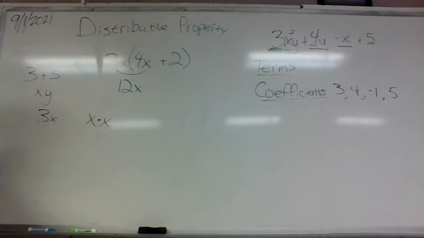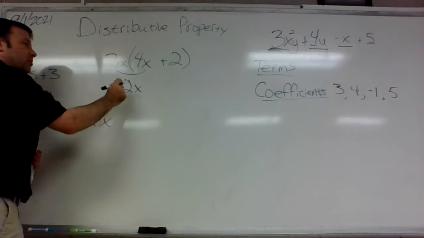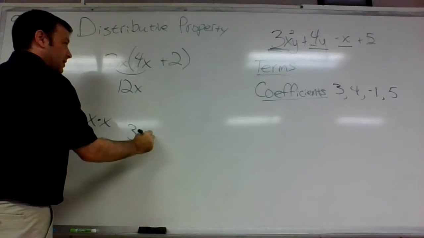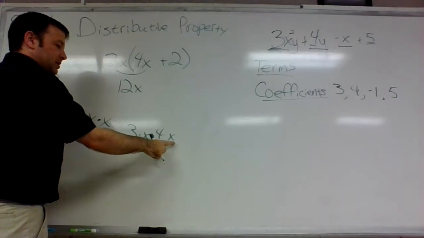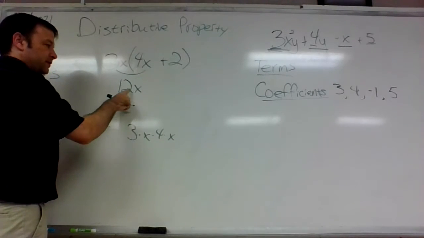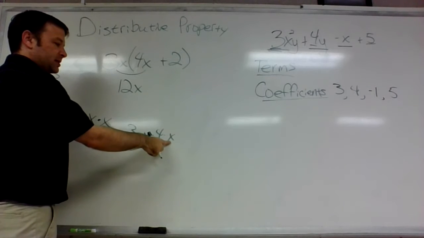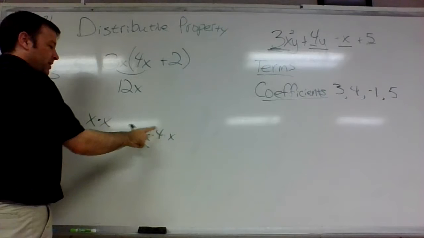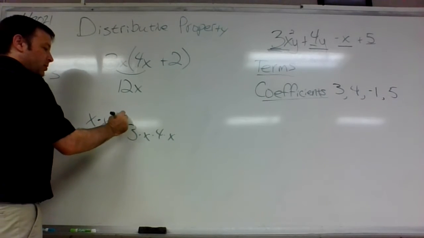No. Is there a simpler way to write x times x? X to the second power. So all these things get multiplied together: 3 times x times 4 times x. Since order of multiplication doesn't matter, I can do 3 times 4 is 12, times x times x. I don't know what x times x is, but I can write it as x squared.